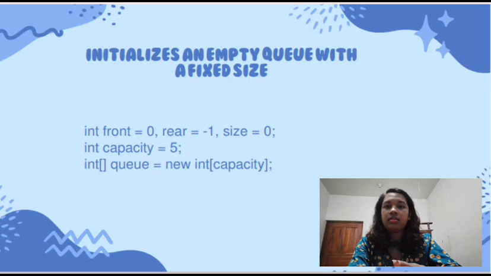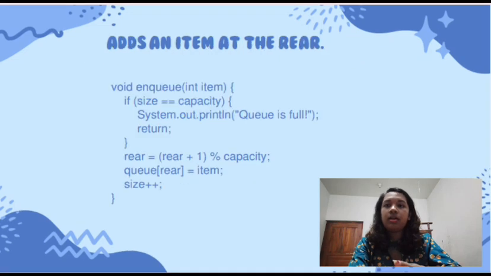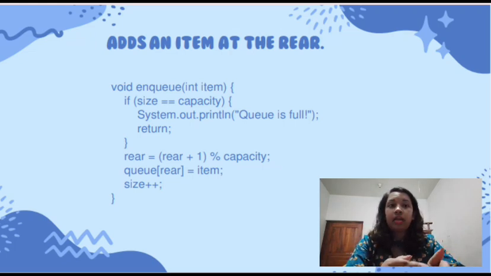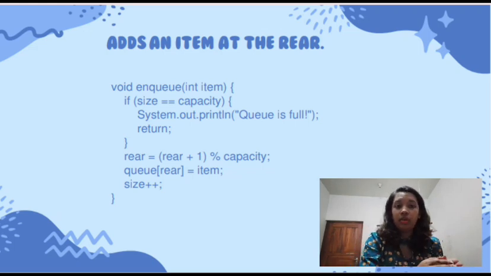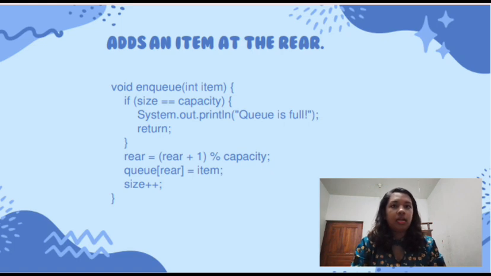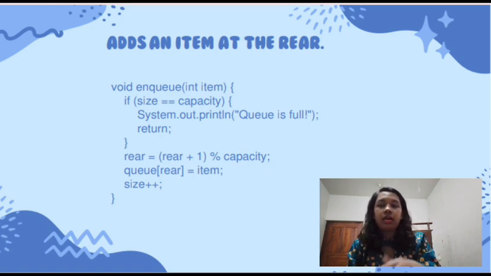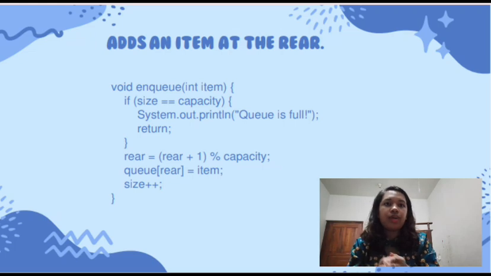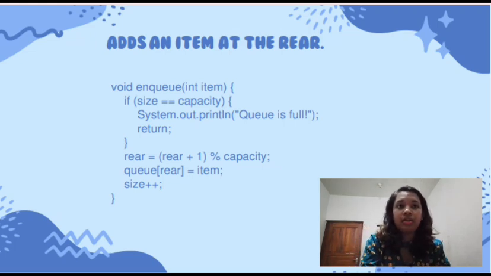Next, this code snippet adds an item at the rear. In this snippet, it checks if the queue is full, and if size equals the capacity, it prints queue is full and it stops, and after that it moves rear to the next position.